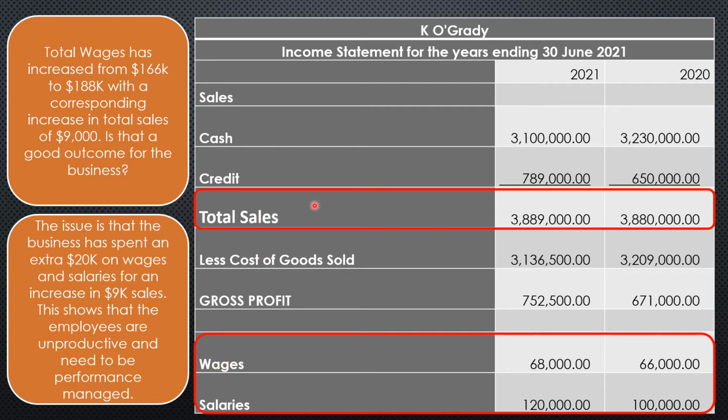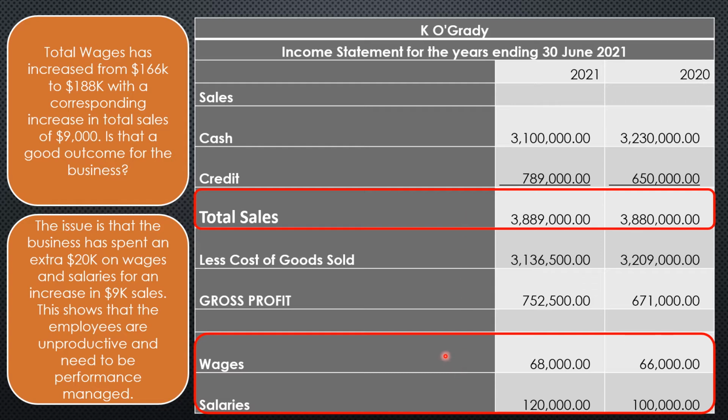And sales, and in particular total sales, is again found in the statement of profit or loss because it is a revenue account. And we can actually see here by comparing 2020 to 2021, there has been an increase in sales of approximately $9,000, which is a good outcome for the business.